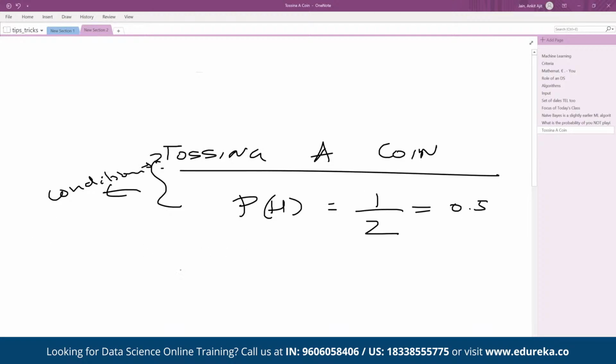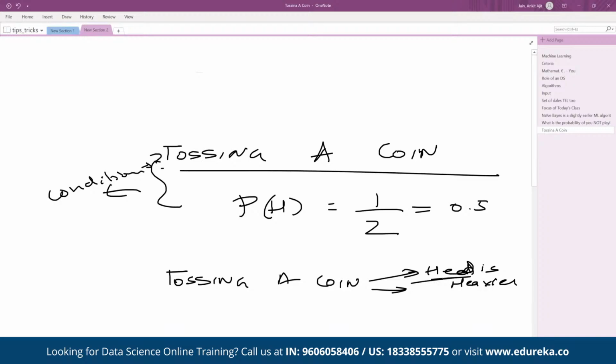But let's think about a second scenario: please toss a coin. And I say that you have put a condition on the coin such that the head side is heavier. What is the condition you have put?